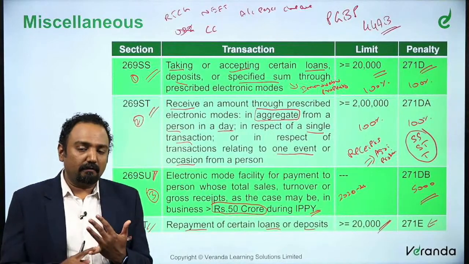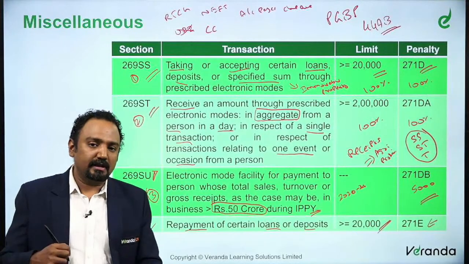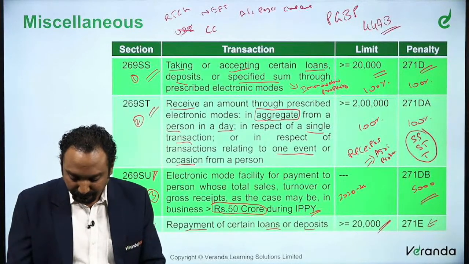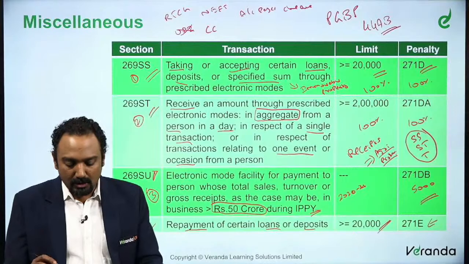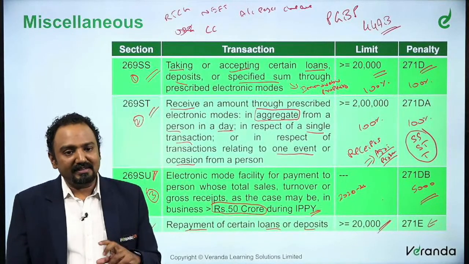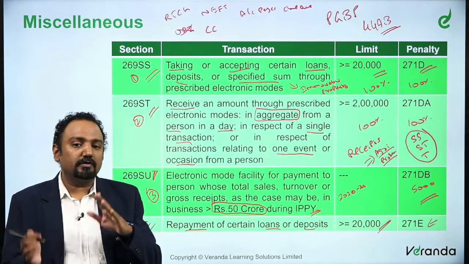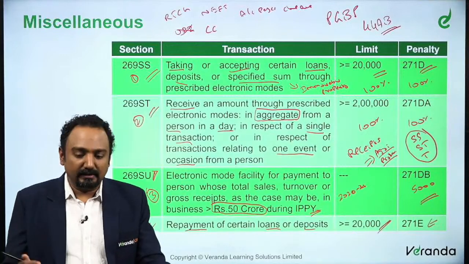So, apart from your government and banking facilities, in 269ST you also have this exception for agri produce. Now you also have 269SU, where we said it is also about receipt only, but here it is about the type of turnover, that is, if your turnover is more than 50 crores, then it is applicable.